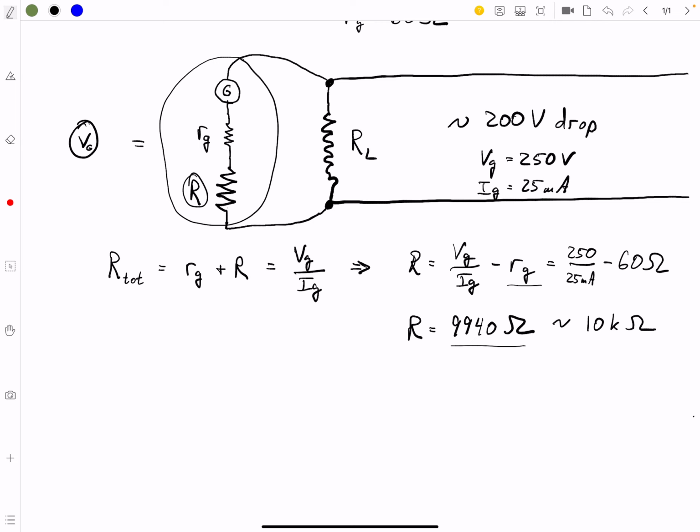And we know that IG has to equal 25 milliamps. We're going to write that again, 25 milliamps. We suspect the current I load is around 150 milliamps.